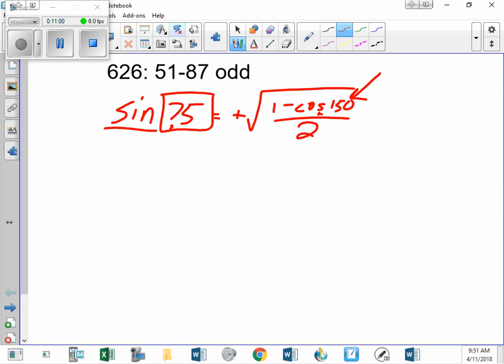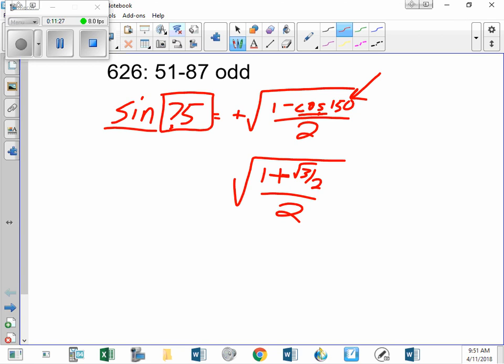What is the cosine of 150? It's negative root 3 over 2. So this one's actually a little different. Cosine. So, see, I tricked you. Told you it was tricky. 1 minus negative root 3 over 2, over 2. So this becomes a plus.